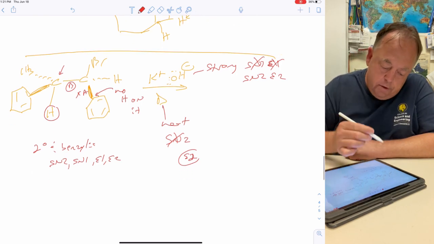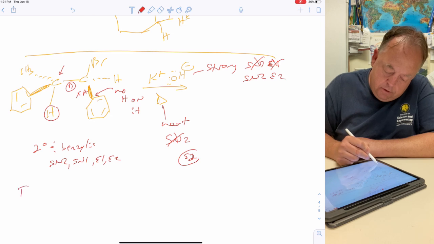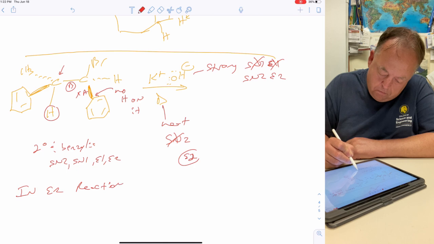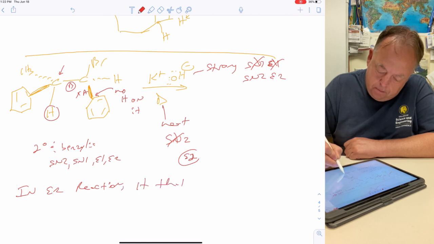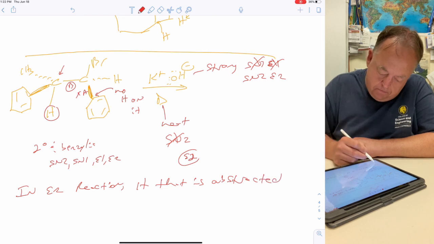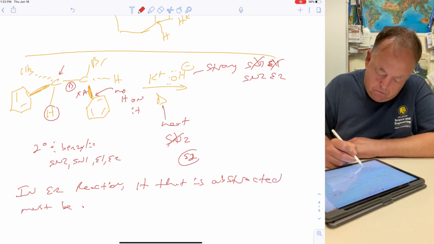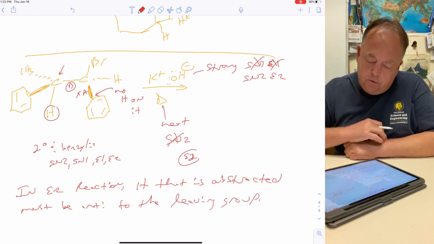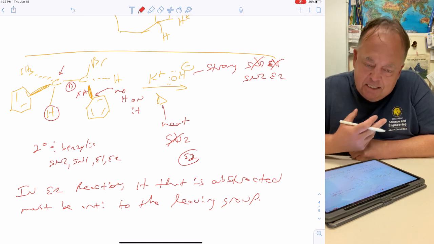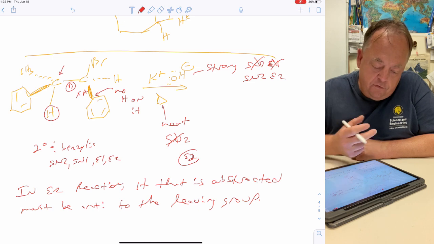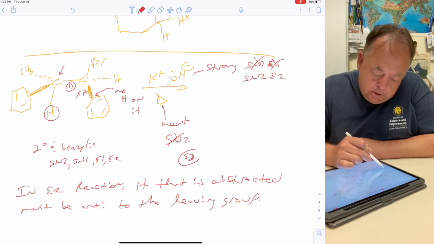Okay, so in an E2 reaction, the hydrogen that is abstracted has to be anti to the leaving group. If you remember what anti means from the Newman projections, this is anti.